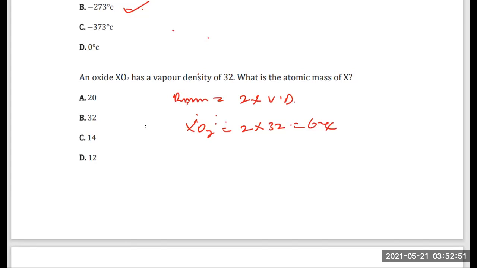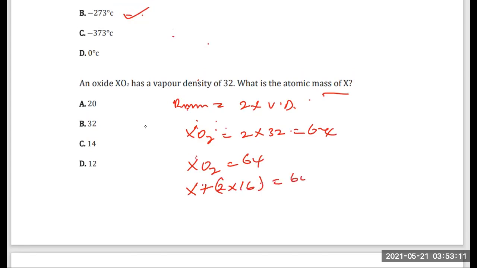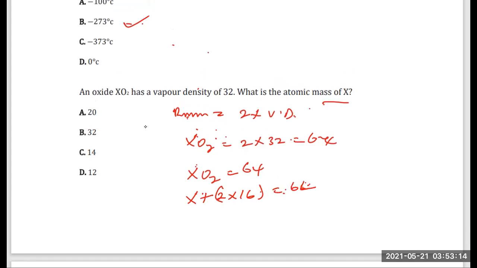They want us to find the atomic mass of X. So if XO2 equals 64, I can find X by saying X plus 2 times 16, because the atomic mass of oxygen is 16, equals 64. So X plus 32 equals 64. So X will be 64 minus 32. Of course, we have 32 there.